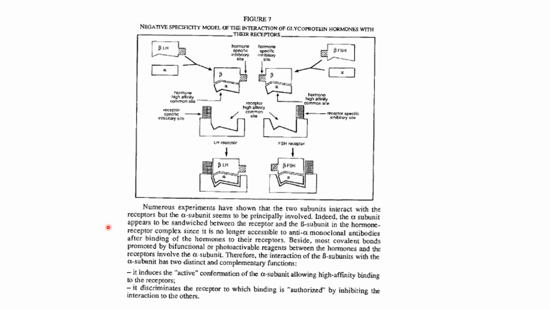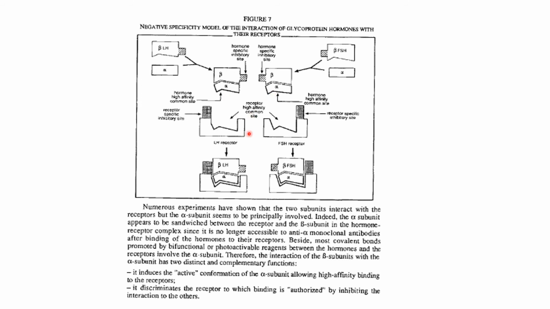What they're saying is, if you raise antibodies against the alpha subunit, say this is in culture or even in a live animal, and you flood this area with antibodies against that alpha subunit, those antibodies can't bind to that, and so they won't stay stuck here. So, if you're tracking where this sucker went, like if you flooded this area with antibodies, those antibodies would come over here and bind.